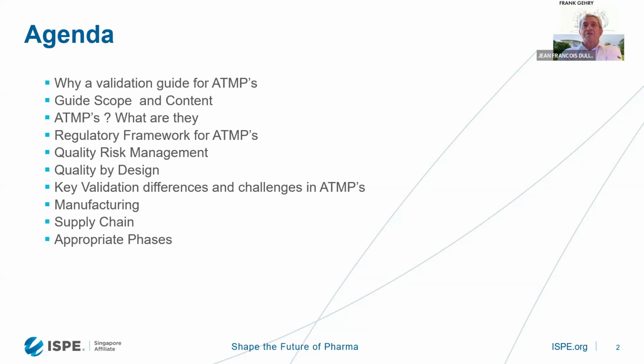As everything is now based on quality risk management, we will have a few slides on quality risk management, and then a few slides on quality by design. We will see what the key validation differences and challenges in ATMPs are. We will go a little bit into manufacturing and the supply chain, and then we will have the end of the presentation.